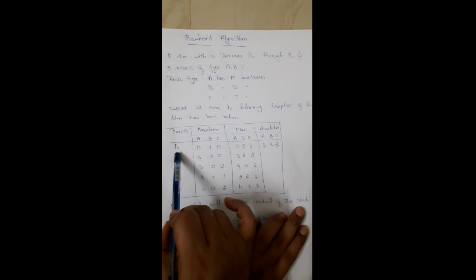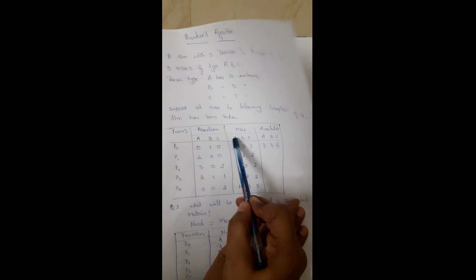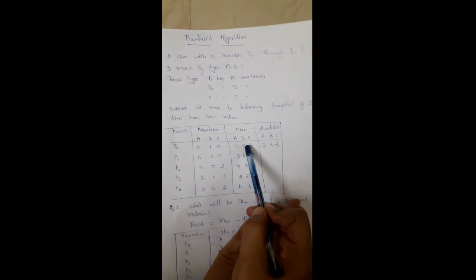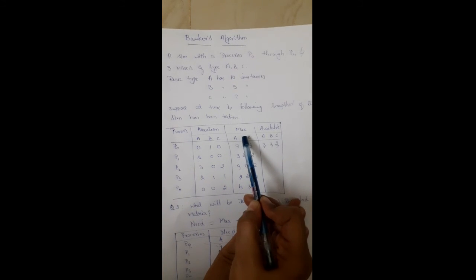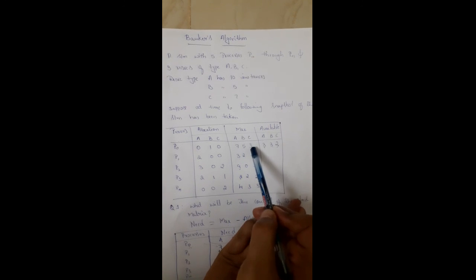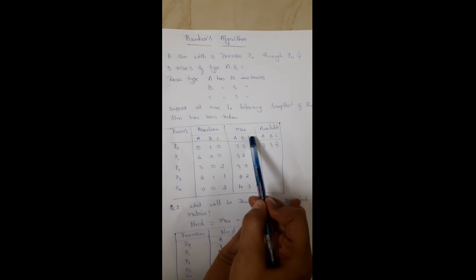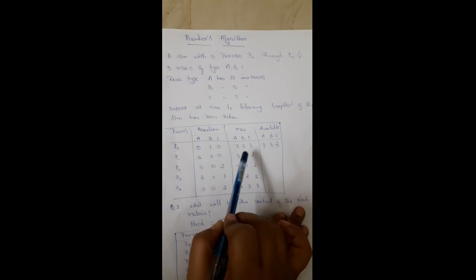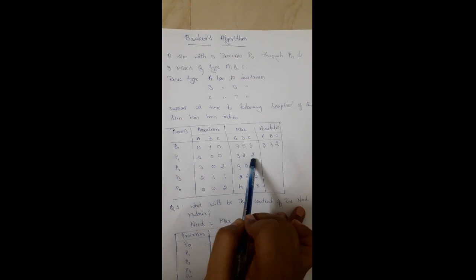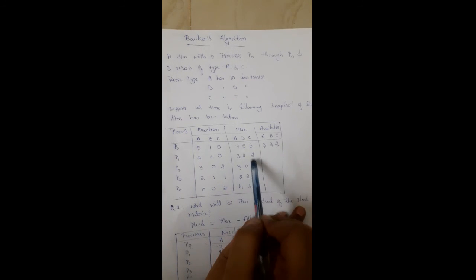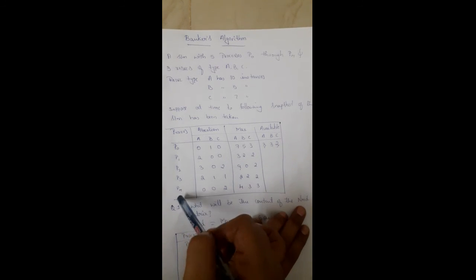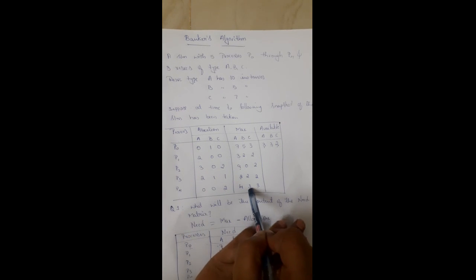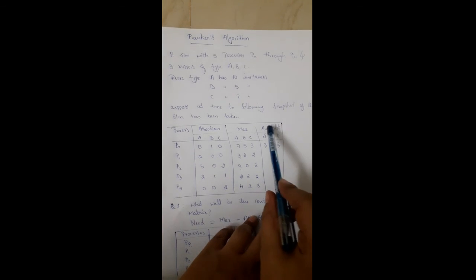So to complete the execution of P0, it needs 7 instances of resource type A. Next, it requires 5 instances of resource type B and 3 instances of resource type C. With respect to P1, it requires 3 instances, 2 instances and 2 instances. In the same way, the maximum demand of each resource type with respect to each process is listed in the max column. Next, available.